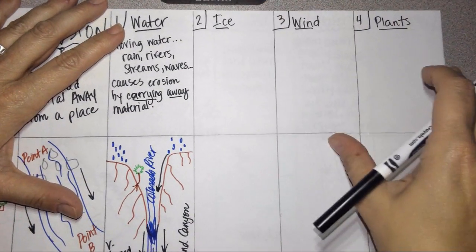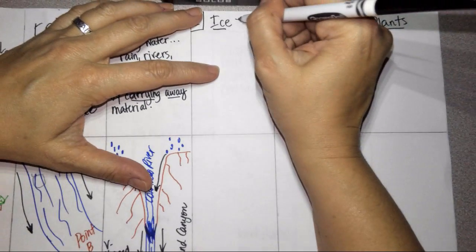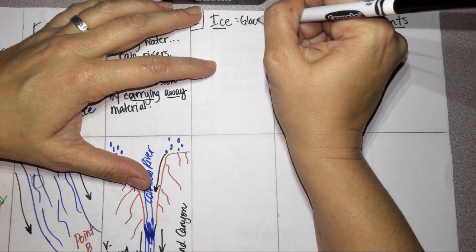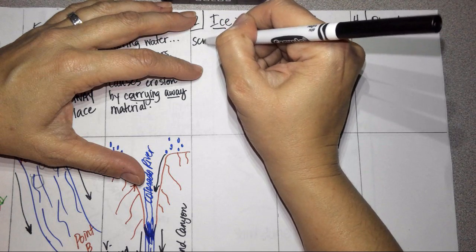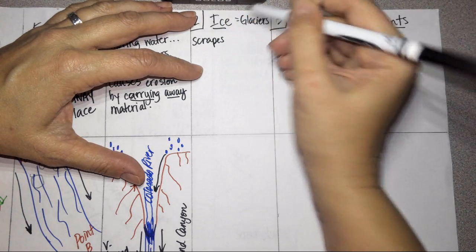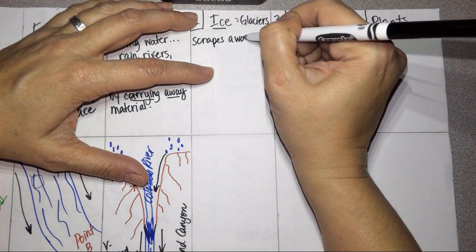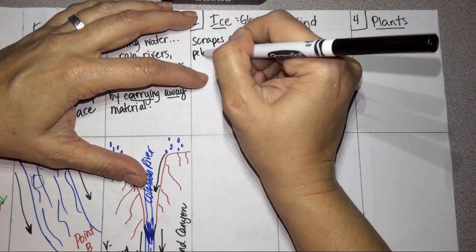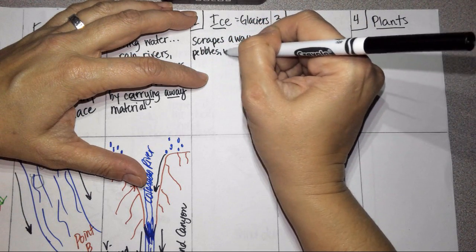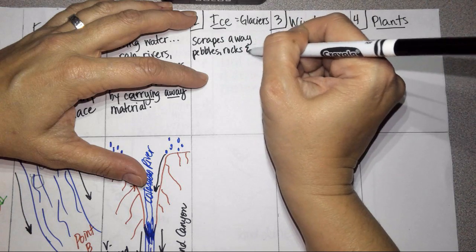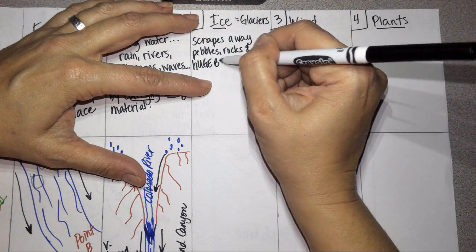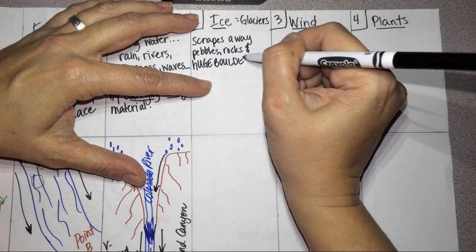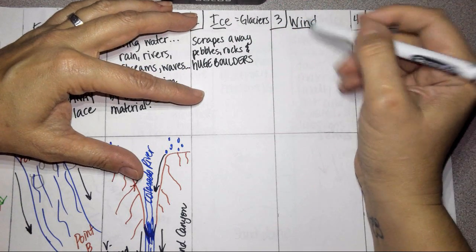So when ice moves, these are glaciers, remember? These are glaciers. And what happens is that ice scrapes away pebbles, rocks, and big old boulders, right? Huge boulders.